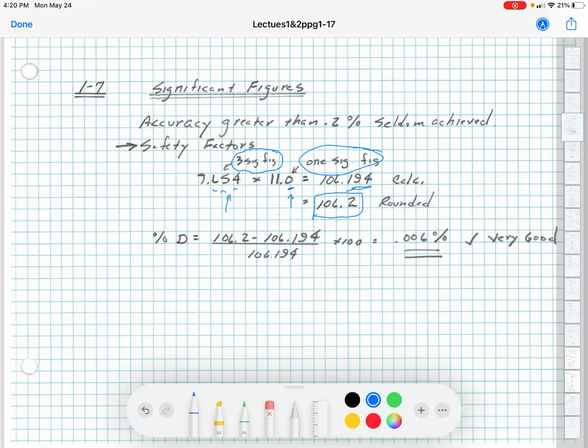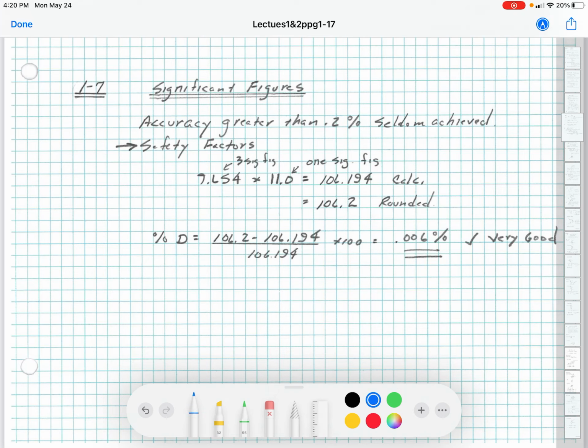Now, if you look at what that percent accuracy is, if you take 106.2 minus 106.194 over 106.194, you'll find that that's 0.006%. That is very, very good. So what I'm getting at here is, check this out.